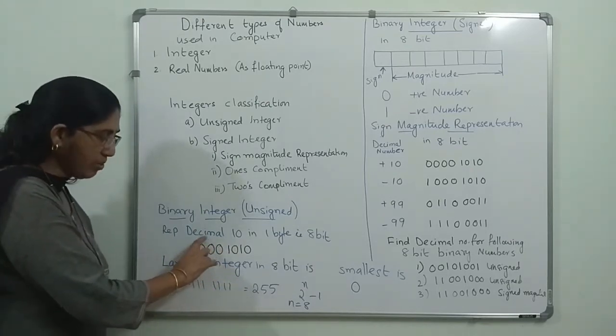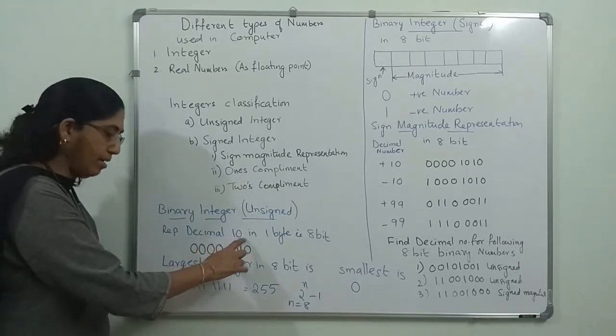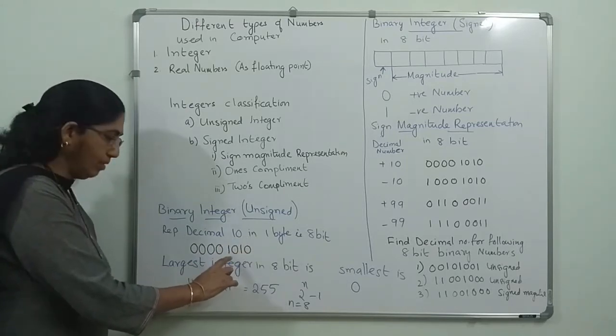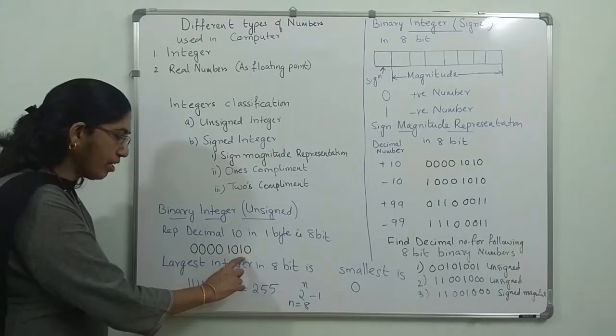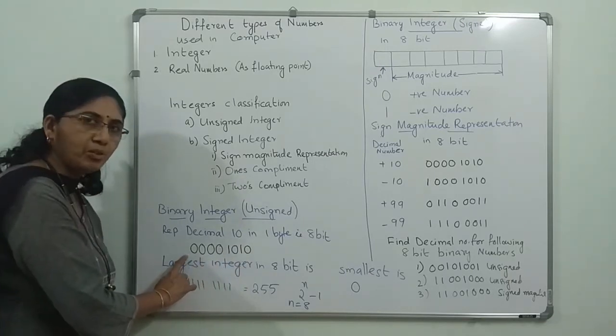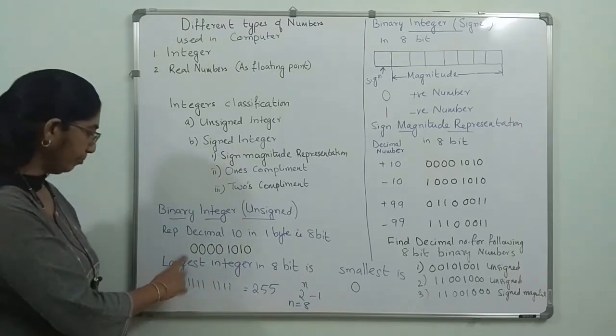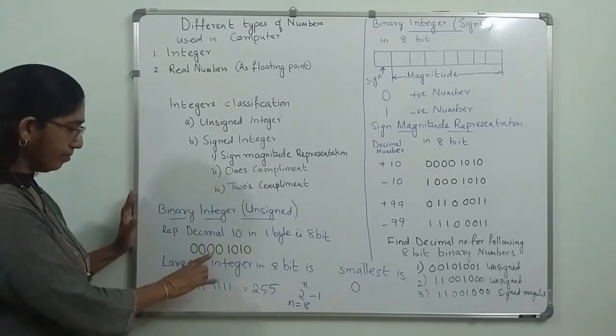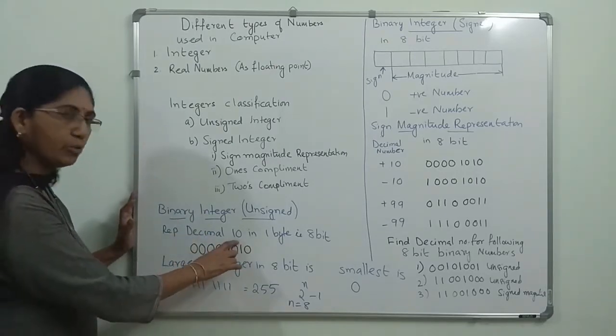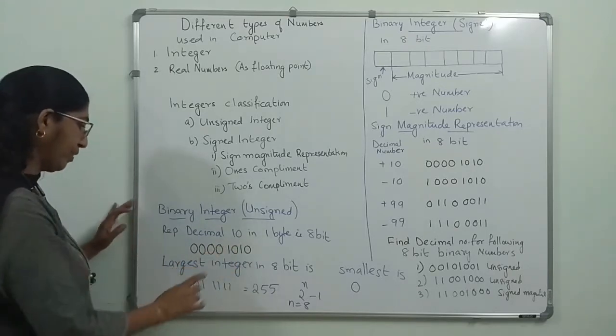So this is the representation of the decimal number 10 in the binary system in the 8-bit configuration. All the others you keep 0 so that the value does not change. So this is an unsigned representation in which you represent number 10.